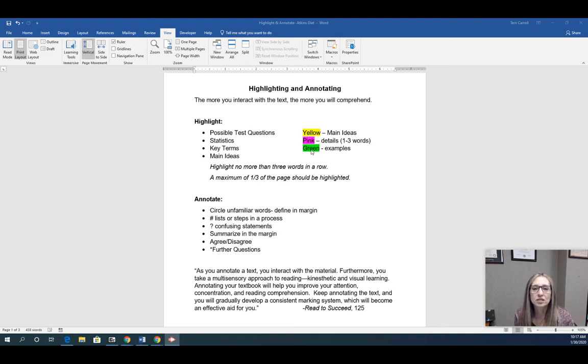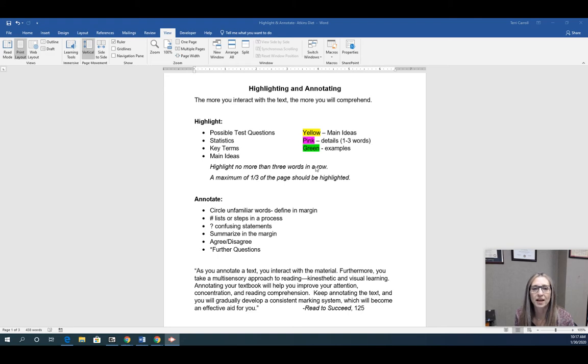Now, this is just a suggestion. You're not tied to these colors, but you might think about using yellow to highlight main ideas, pink to highlight details, maybe key terms, and then green to highlight examples. A couple of notes to think about when highlighting: highlight no more than 3 words in a row.